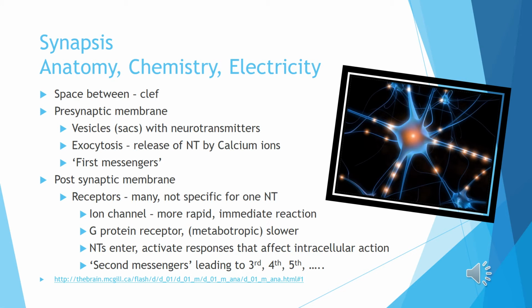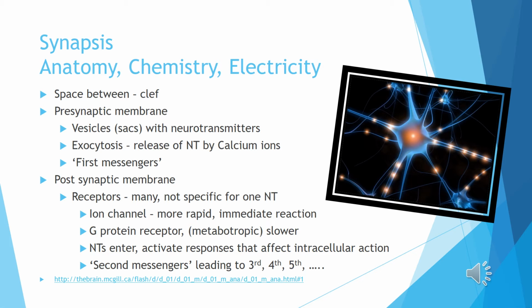Let's do a little review before I take you through some more pretty pictures. So we now know that the space between axon and dendrite, or dendrite and axon, is called the cleft, the synaptic cleft. We have a presynaptic membrane, which is on the side of the axon, and in that axon is a vesicle or a sac that is going to contain the different neurotransmitters we'll be talking about in a few minutes.